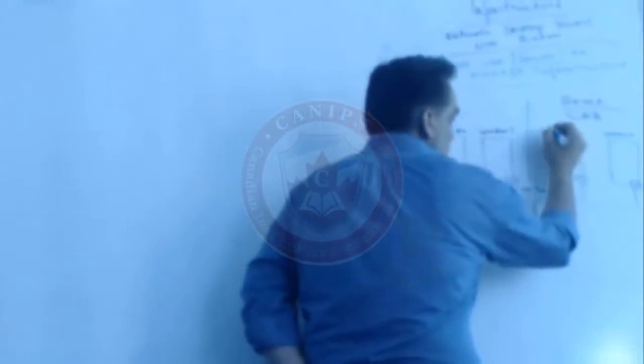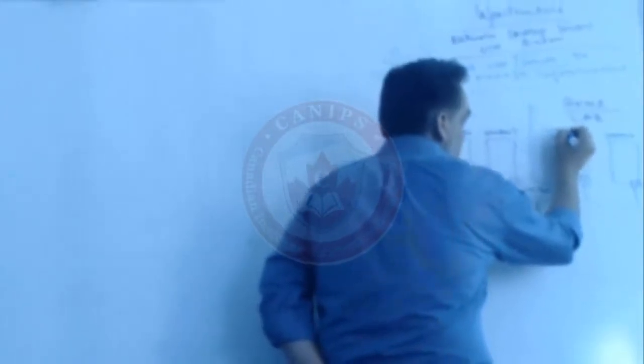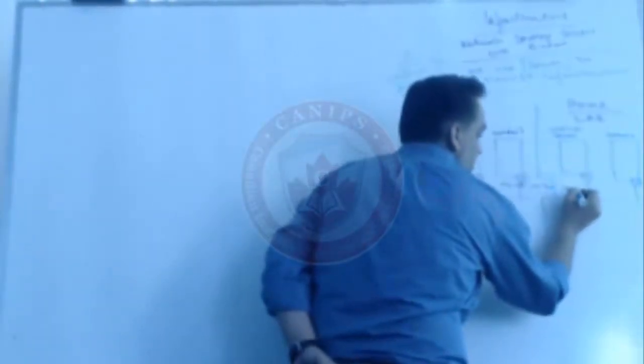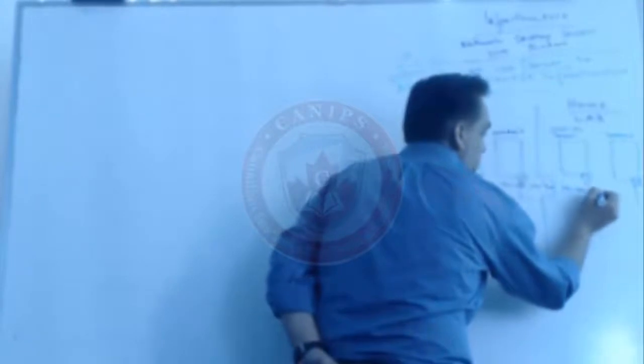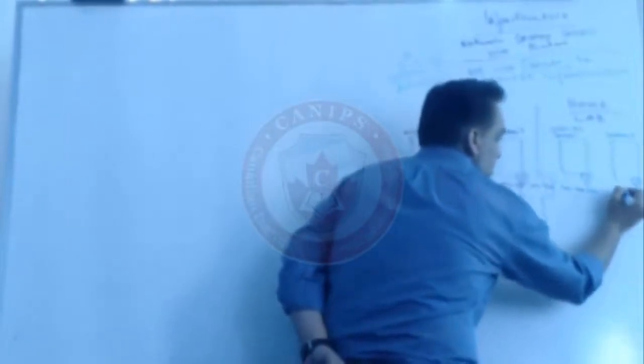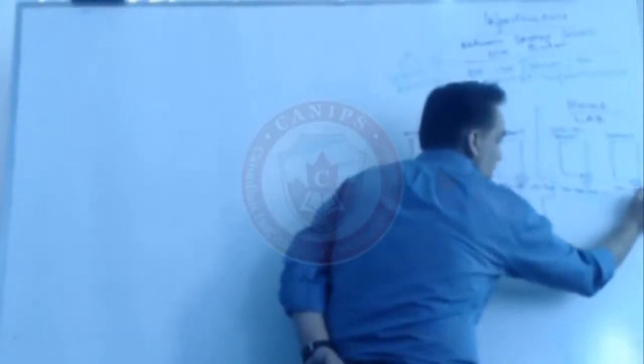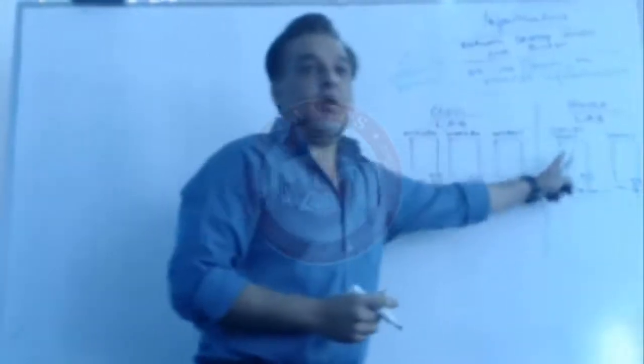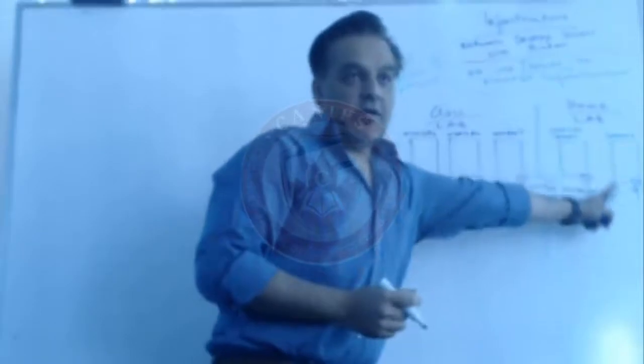Here they want us to install 2012 R2 standard edition. That's it. And the IP addresses we are using are the same. The only difference is in the book lab, names are different. These are server 1 and server 2.